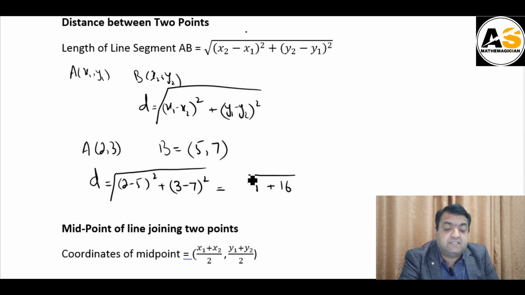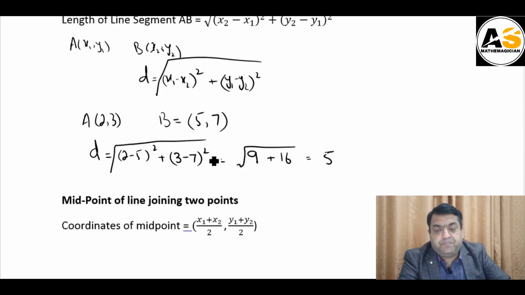Its square will be 16. Then after adding these two squares, we will take the square root, which is 5. So 5 is the distance between A and B.